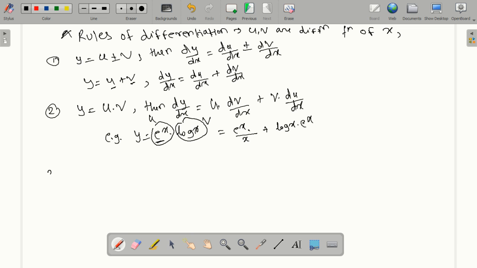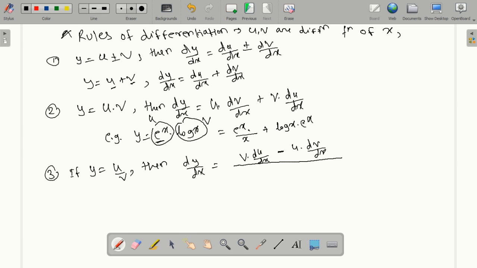The third rule states that if y is equal to u upon v, then dy by dx is equal to v into du by dx minus u into dv by dx, upon v square.